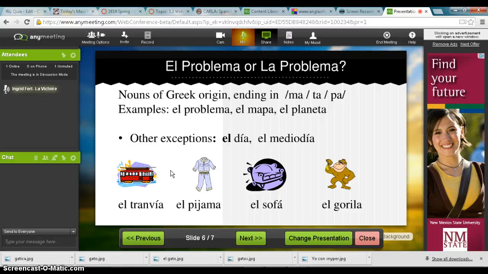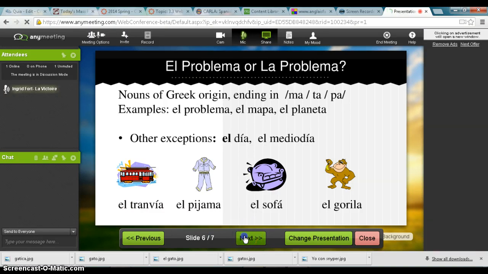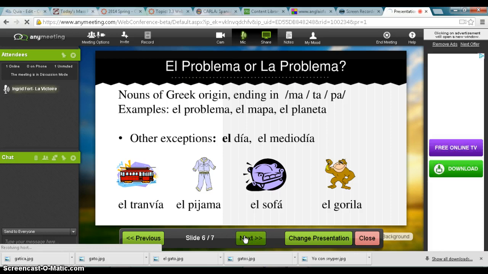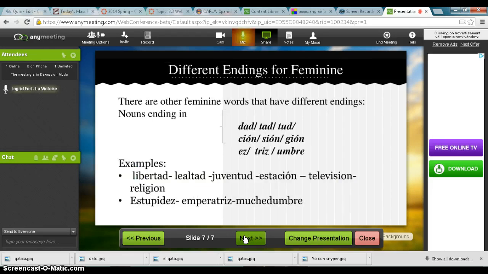Please do further work on this topic for a quiz tomorrow you will find in the course materials. But let us continue. Different endings for feminine.